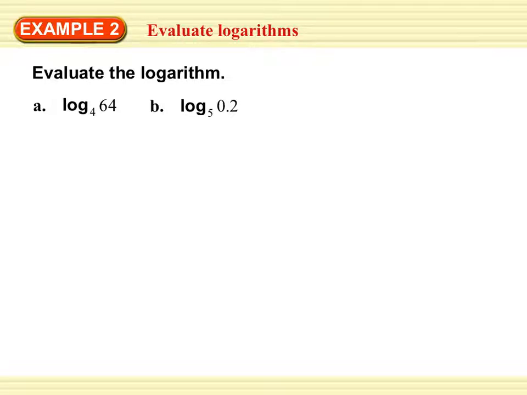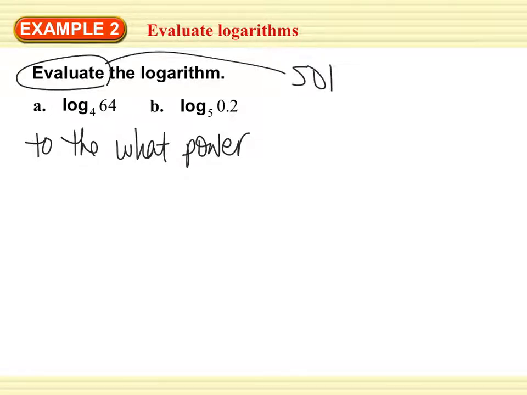All right, moving on. Here for evaluating the logarithm, we ask ourselves questions. Every time I teach this, I just call it the what if, or to the what power. Evaluate just means solve every time in math language.